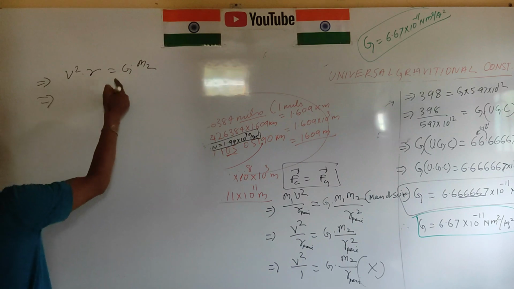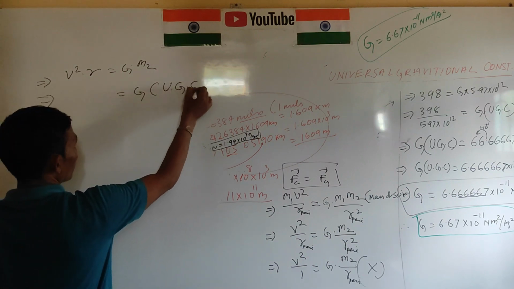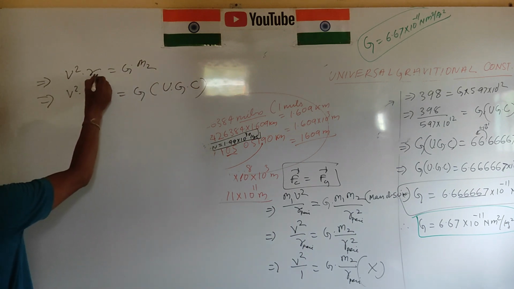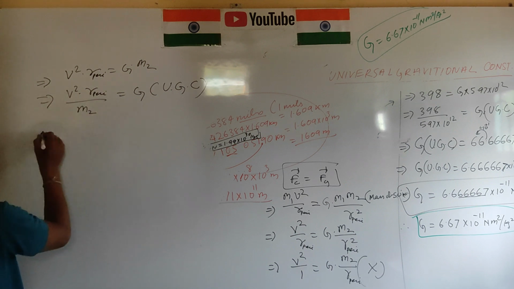Now capital G is called the universal gravitational constant. There is v square, r perihelion distance, into mass of sun.